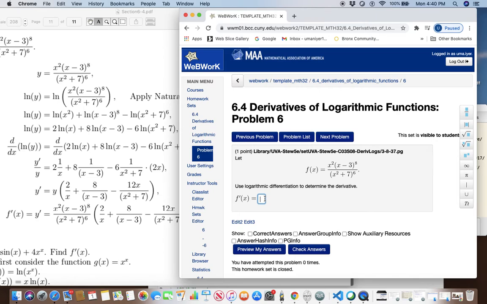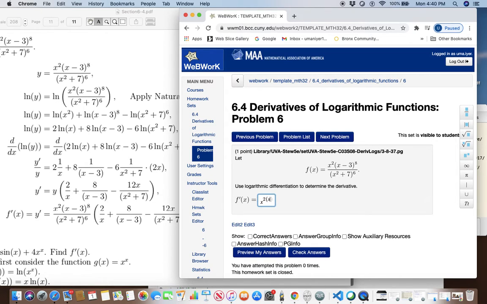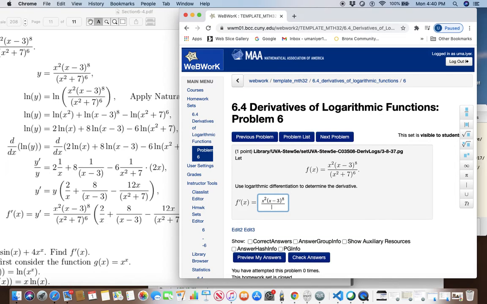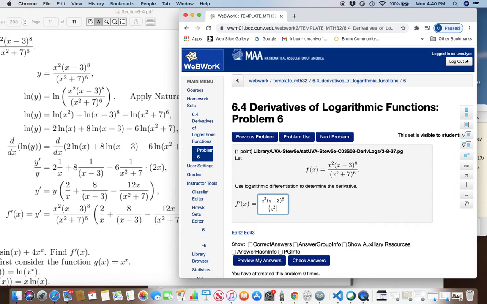So first x squared, (x minus 3) to the 8 over (x squared plus 7) the whole power 6. So that was the factor outside.